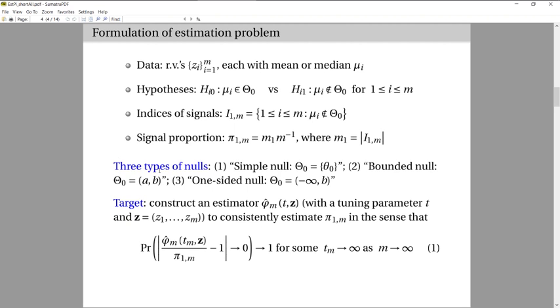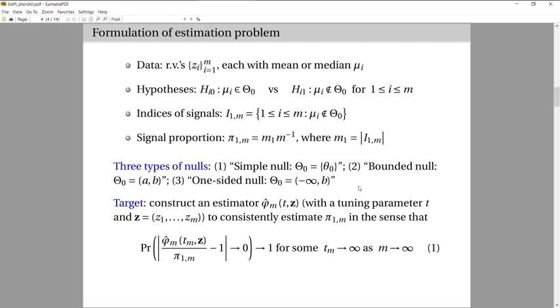We will consider three types of nulls. Simple null, meaning that Theta_0 is a singleton that's pre-specified. Bounded null, meaning that Theta_0 is a finite open interval (a, b) where a and b are pre-specified. One-sided null, meaning that Theta_0 is the interval from -infinity to b.